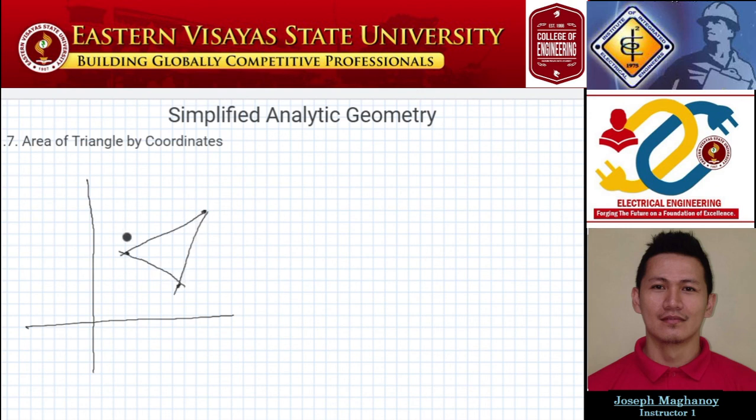For example, this is our point 1, point 2, and point 3. So of course, this is your x sub 1, y sub 1, x sub 2, y sub 2, x sub 3, y sub 3.